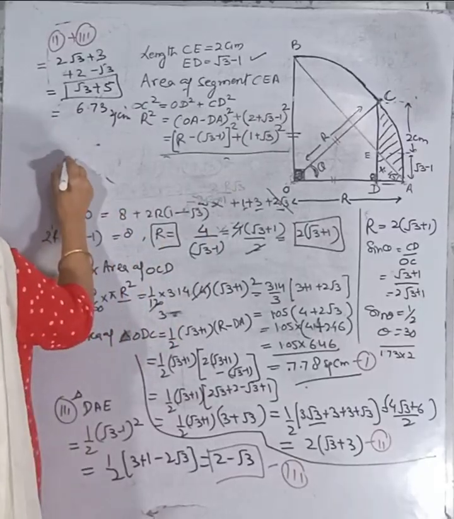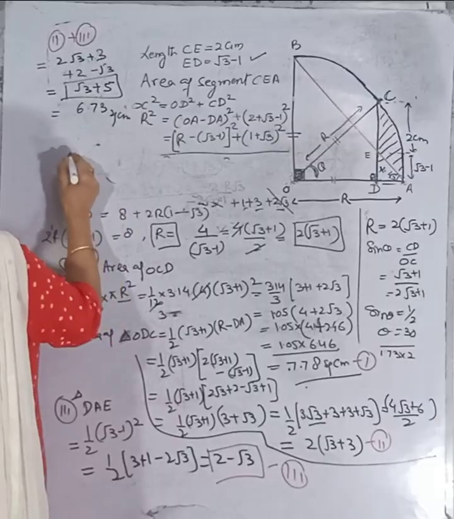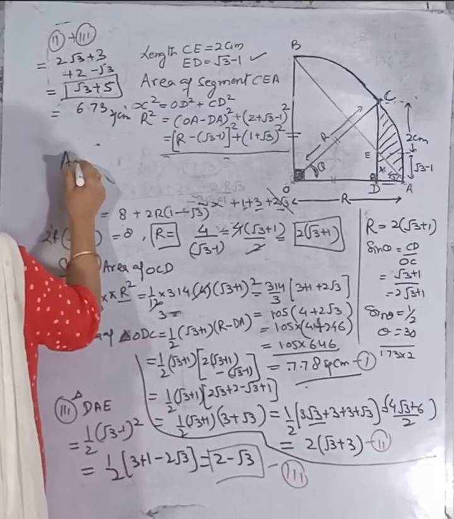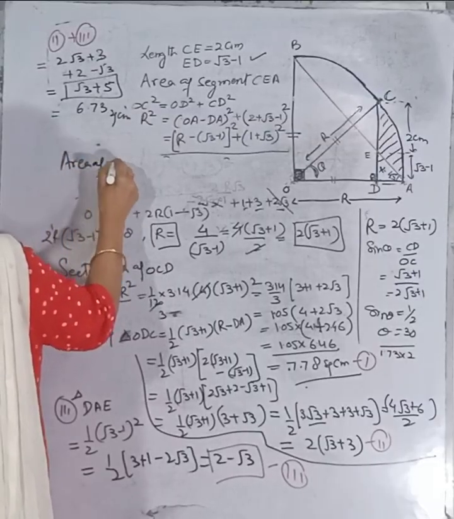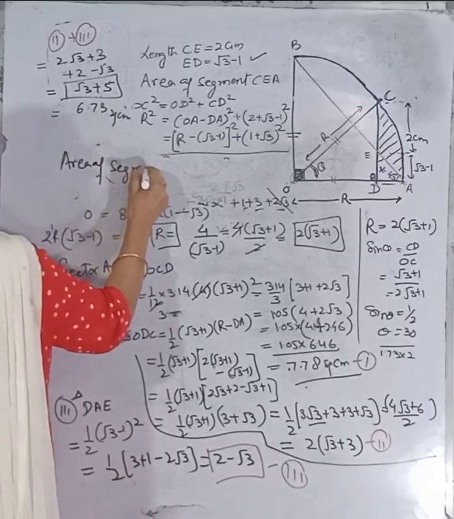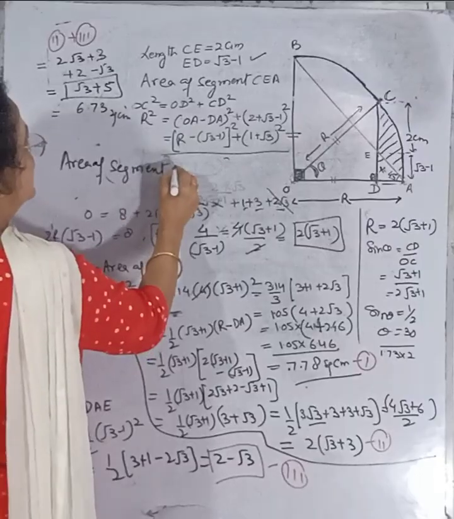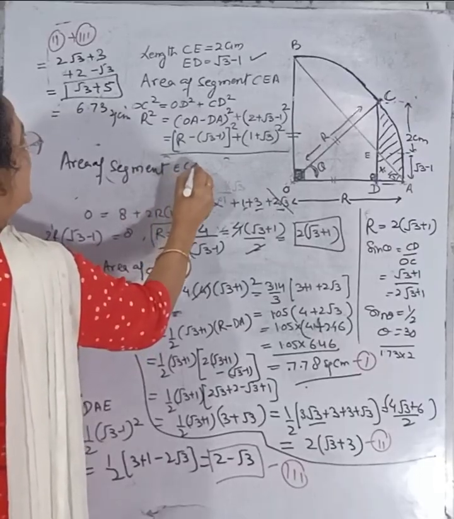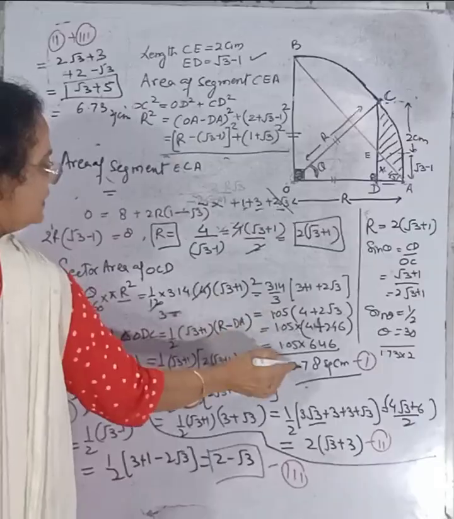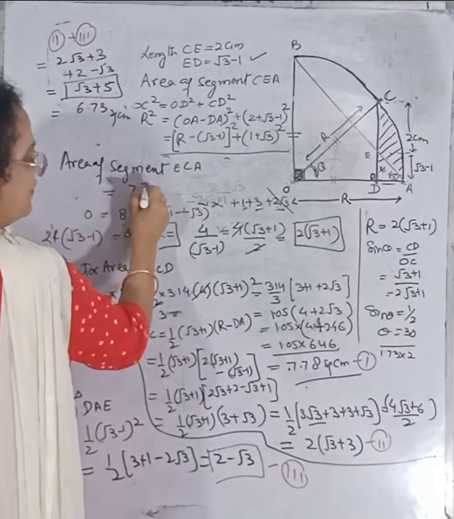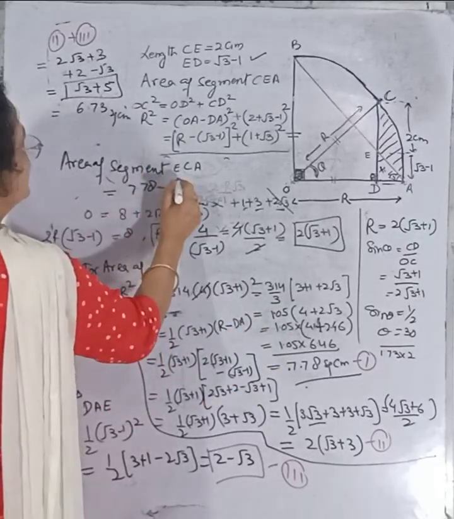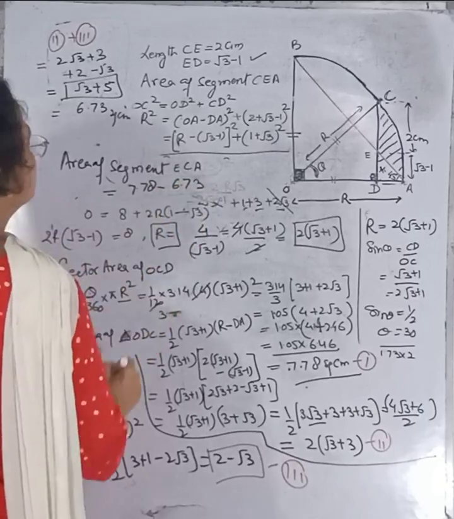Now, area of the segment. Area of the segment ECA will be equal to this area 7.78 minus 6.73.